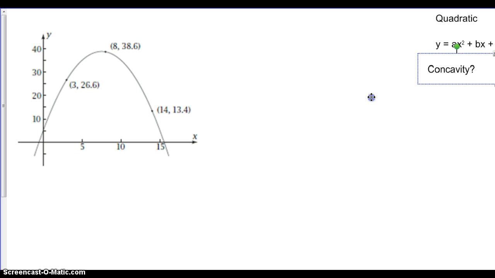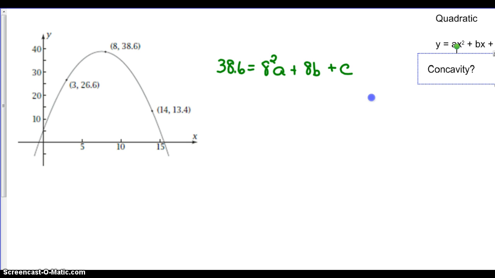Now to actually dealing with writing the equation. You can see I have three variables, the a, the b, and the c. So I'm going to need three equations to be able to build with that. So first I'm going to start with the 38.6, that's my y value, and then I'm going to put 8 squared times a plus 8b plus c.